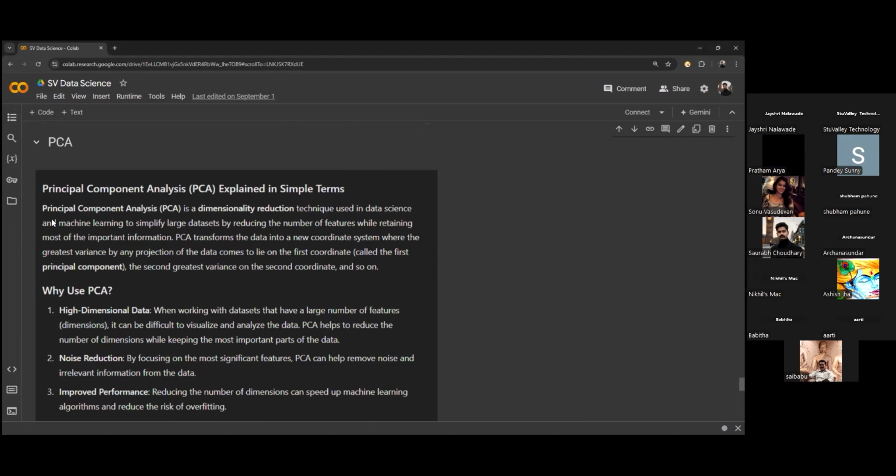Principal component analysis. Explained in simple terms, principal component analysis is a dimensionality reduction technique. It reduces the dimension, like 3D to 2D and 4D to 2D.